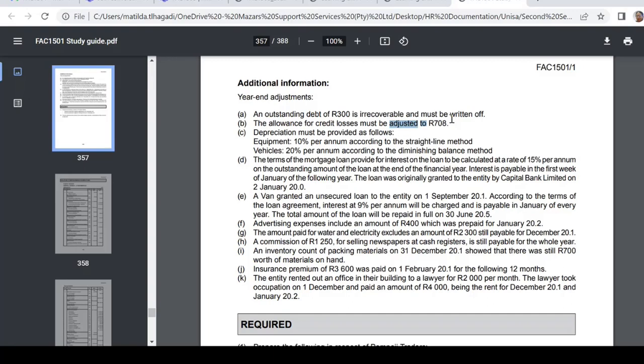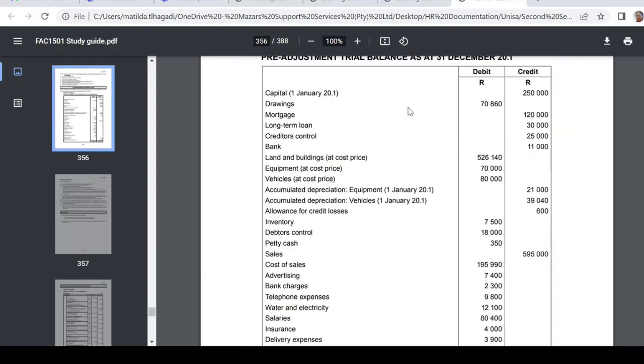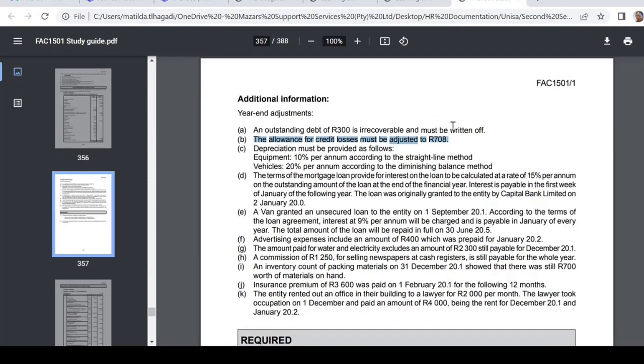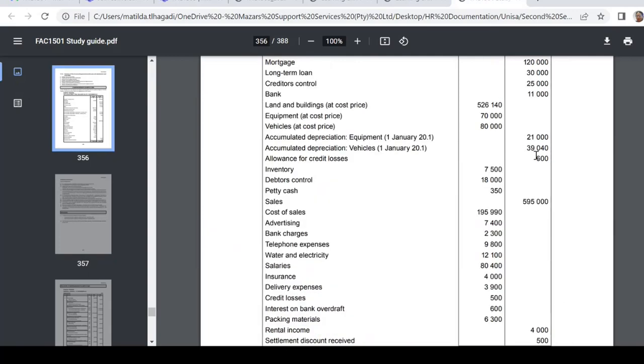Adjusted to. So basically, especially when they're giving you the trial balance, use it. Here you were only able to adjust this because you looked at the amount on the trial balance.